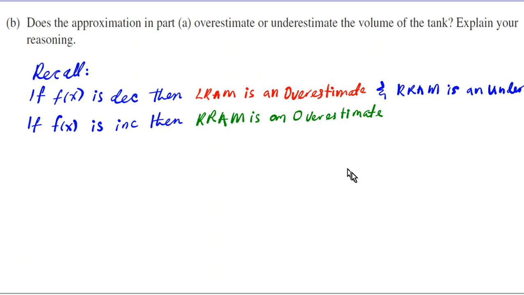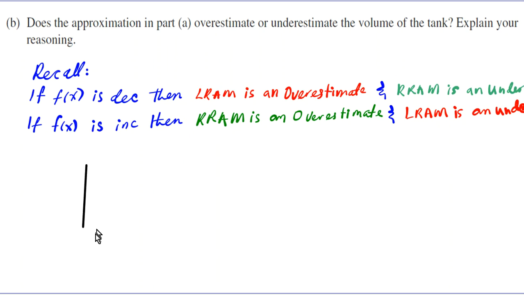Now on the flip side, if the function is increasing, RRAM is an overestimation, and LRAM is an underestimation. So just remember, decreasing, LRAM is over; increasing, RRAM is over; and then you can flip it from there. Let me give you a visual as to what I'm talking about here.